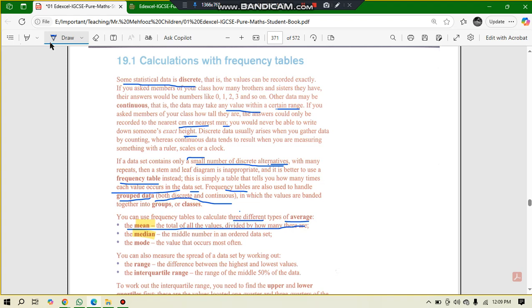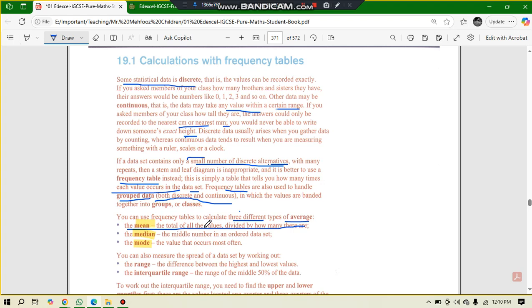The next one is the mode. Mode is the most repeated value in the data, the value that occurs most often. So these are the three types of averages which we are calculating in the next classes and next topics.